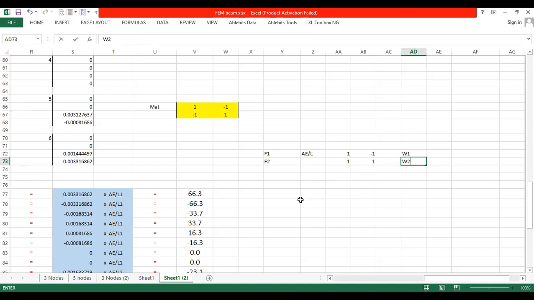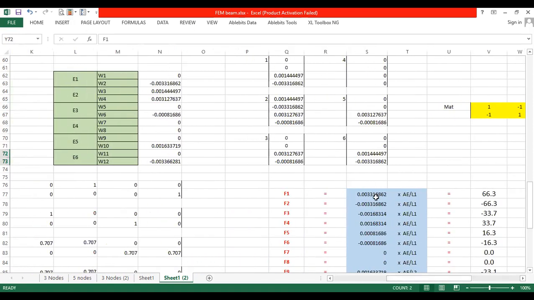You need to multiply this matrix by this and then by AE over L, then you get the member force, right?